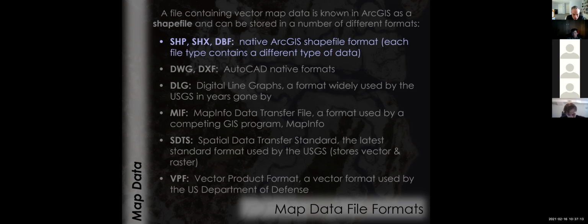And then finally, there's VPF, which stands for Vector Product Format, which is the vector format used by the US Department of Defense for any kind of declassified military maps. But I have highlighted here in blue the SHP shapefile format because that's the one that we work with most commonly in GIS.